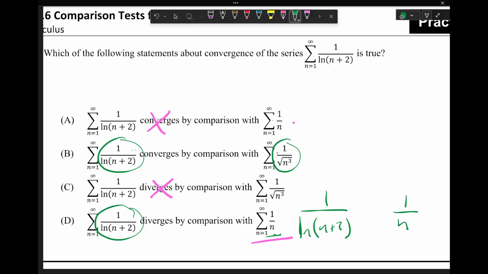Well, natural log looks like this. It grows, but it grows very slowly. So wait, how does that help me?